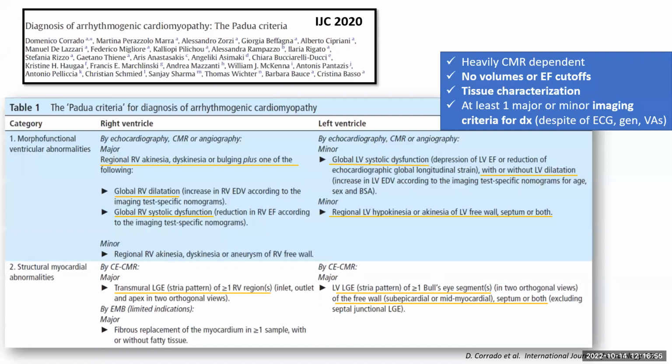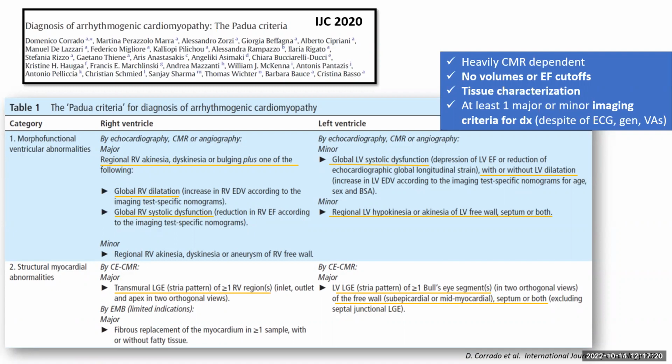So to account for this change in the paradigm, in 2020, the international experts joined again in Padua for developing new criteria. Now, there are separate criteria for the right and for the left ventricle, and we have two different categories in imaging: morphofunctional and structural abnormalities, including CMR tissue characterization. The volumes and the EF cutoffs were removed from the criteria.